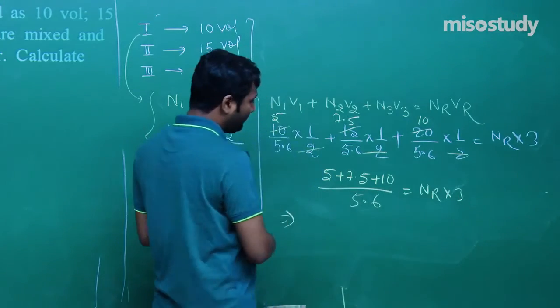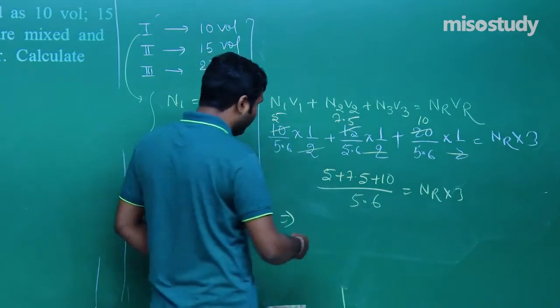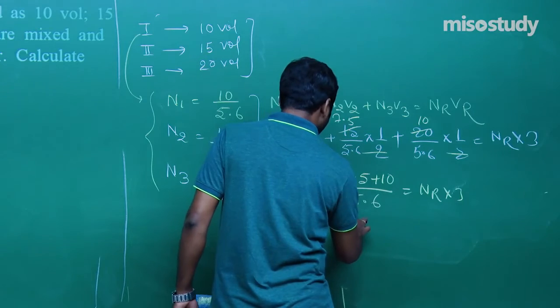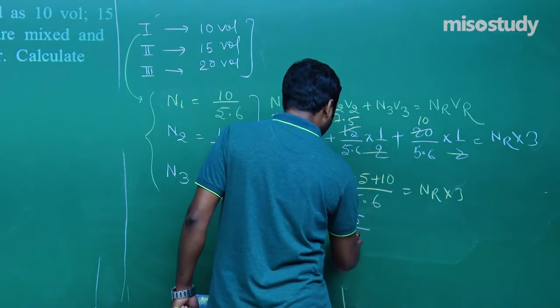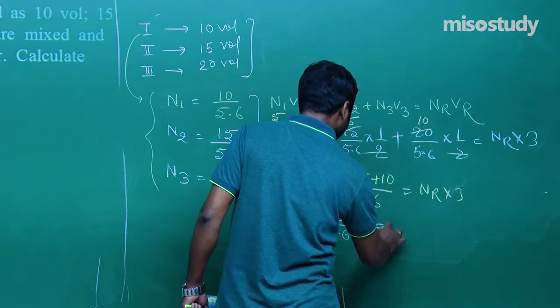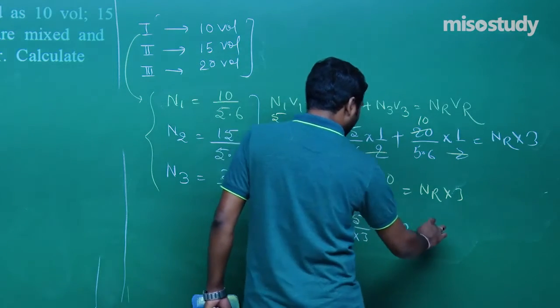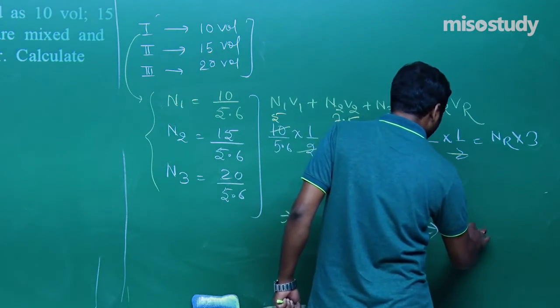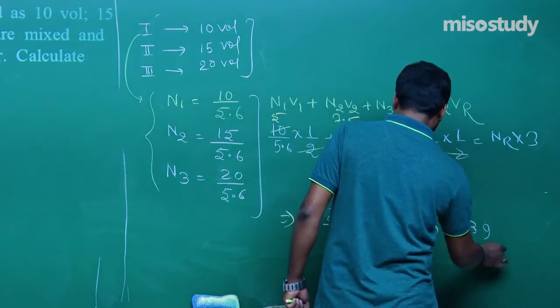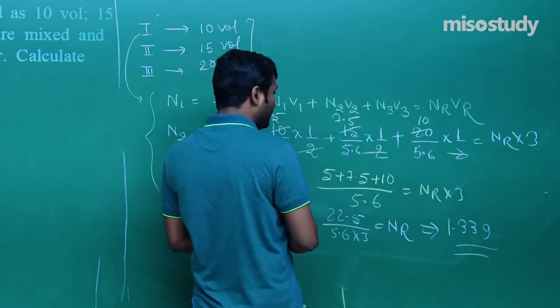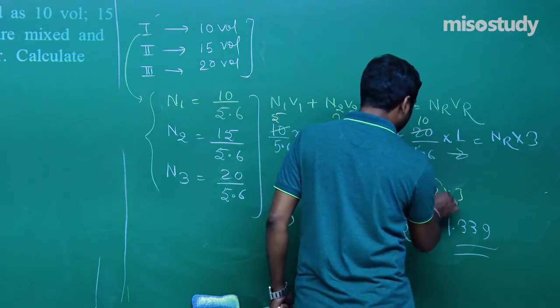Then 15 and 7.5 gives 22.5 upon 5.6 into 3 is equal to NR. Approximation gives 1.339. That is the normality of the resulting mixture.